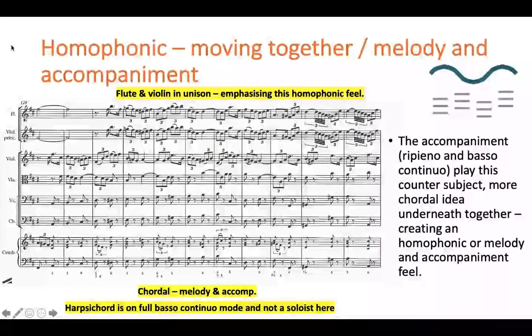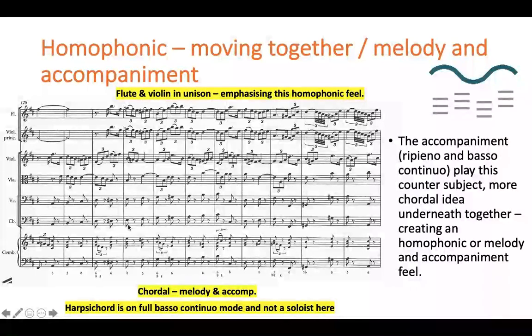So we can see here, let's look at the accompaniment. So I'll just use my mouse so you can see the harpsichord, the ripieno strings, the basso continuo basically, sorry, not the ripieno strings. So the basso continuo is playing these chords. Well, the harpsichord's playing chords, the cellos can't play chords. The cellos are playing like the counter subject idea that we learnt last week, the quaver idea, just going up in steps.